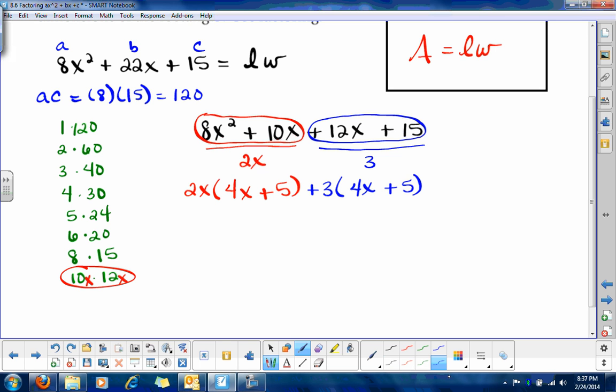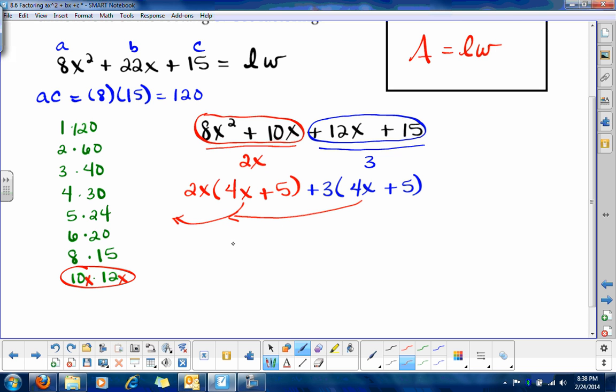Good. So there we have our factors. Our two binomials are exactly the same, so we can go ahead and factor those out and put them on the outside of the parentheses.